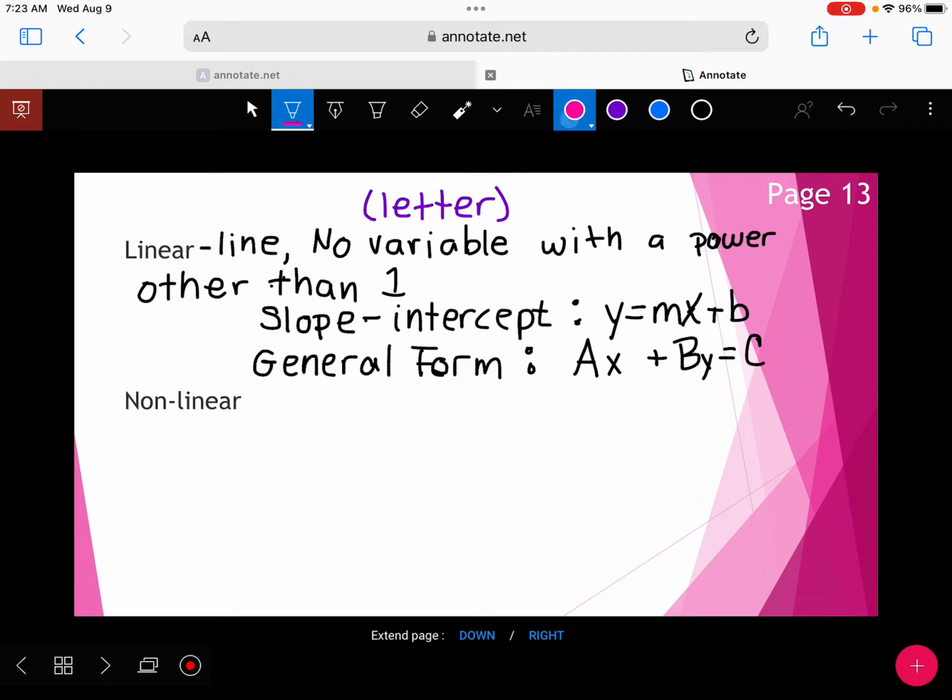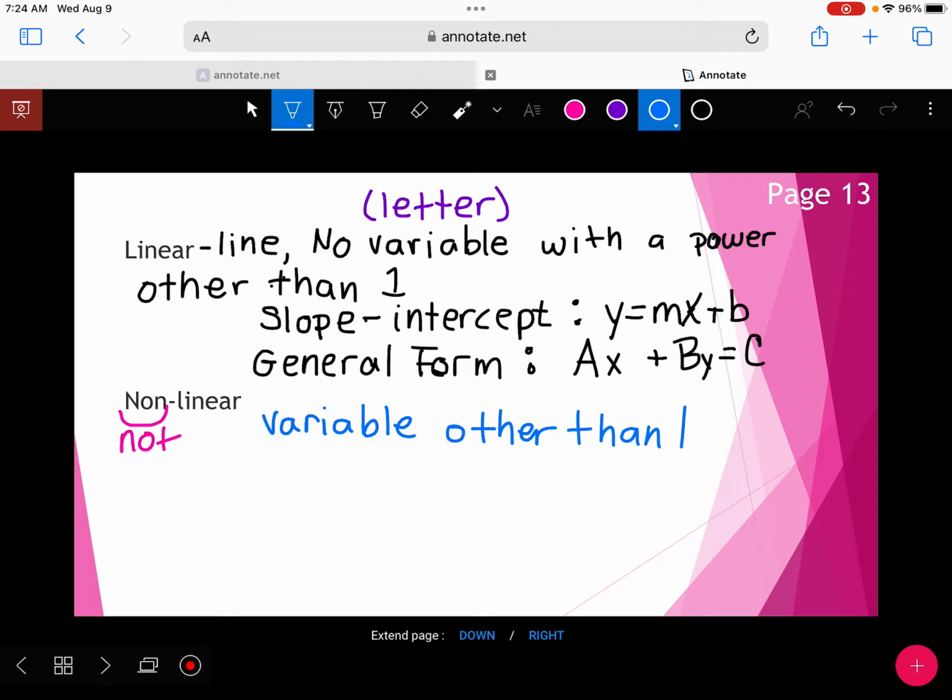So when we're looking at nonlinear, all this means, non means not. So if it is not a line, it either has a variable with an exponent other than 1, or the picture has curves.